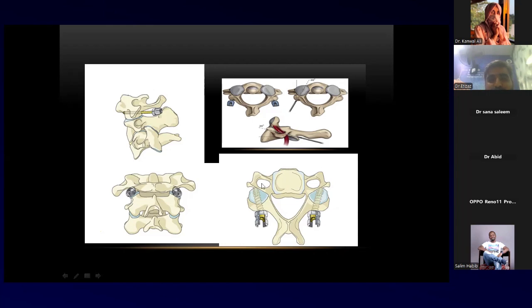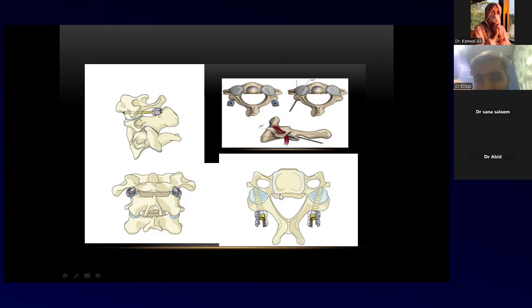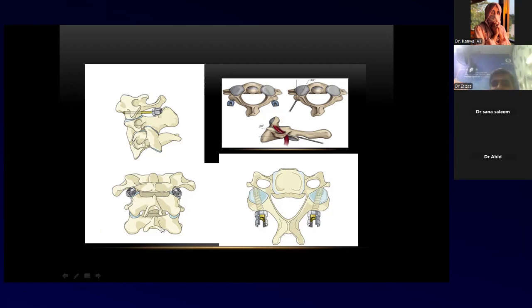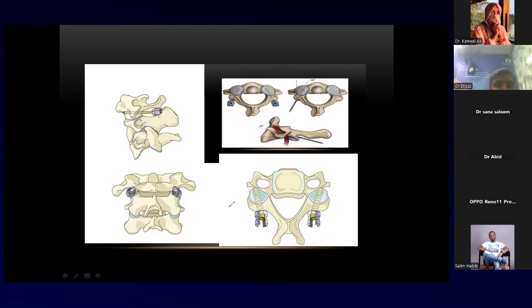Lateral mass screw. Who said lateral mass screw? Dr. Sana, you said lateral mass screw? Yes, sir. Excellent. These are lateral mass screws. These are not pars screws. Pars screws will be horizontal, like this.